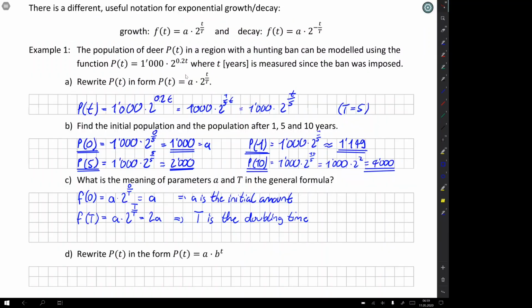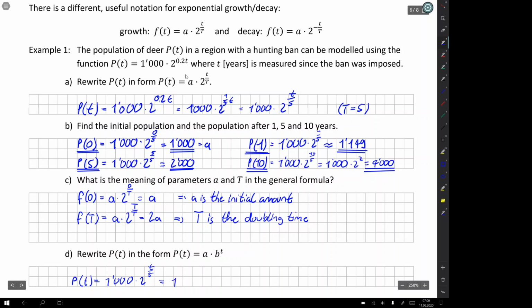As a last step, let us rewrite our function P of t here into our usual form a times b to the power of t. So we get P of t is 1000 times 2 to the power of t divided by 5.